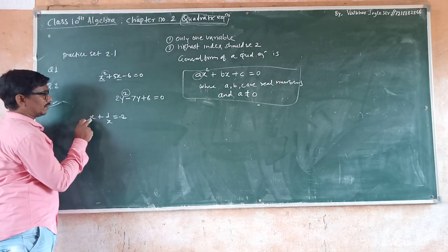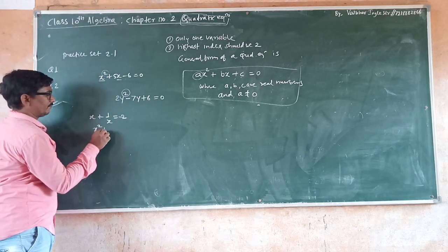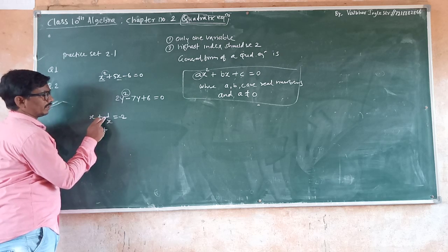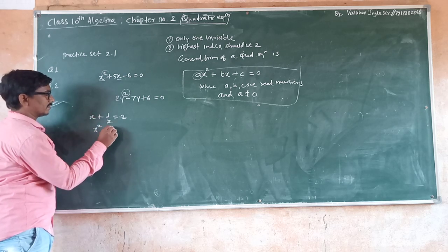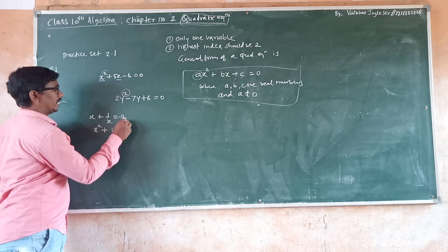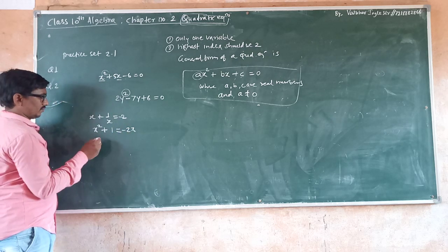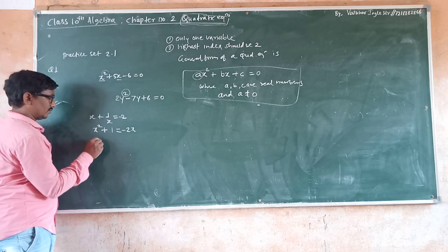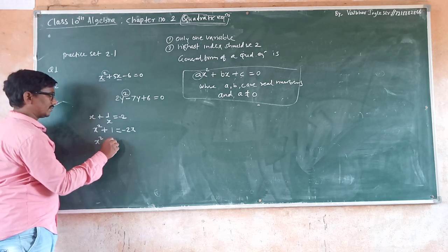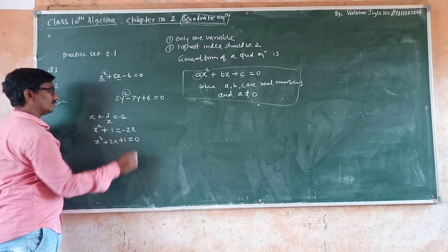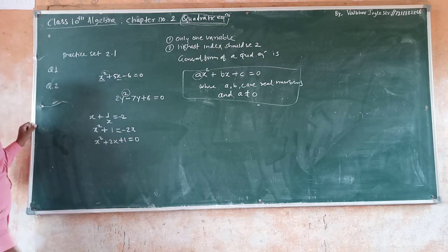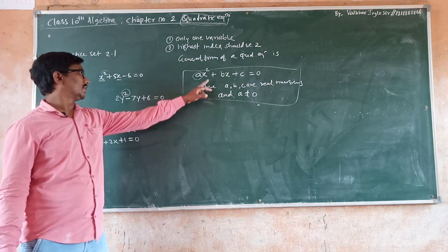So here if we multiply by x, it will be x square. Here x and x will get cancelled, only 1 will be there, and here will be minus 2x. So minus 2x we'll take to the left hand side, so it will become x square plus 2x plus 1 equals to 0, and this is the general form of quadratic equation.